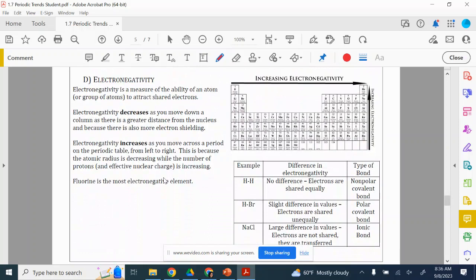Electronegativity is based off of fluorine. When they created this, fluorine became the standard, okay? And they just assigned a number to it. They said fluorine is 4. Okay? As we move down and all the way over to francium, we decrease our electronegativity.